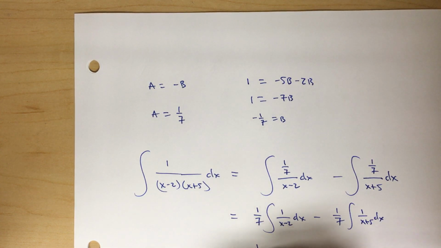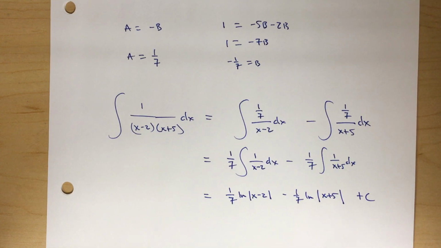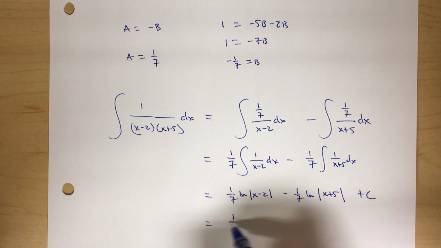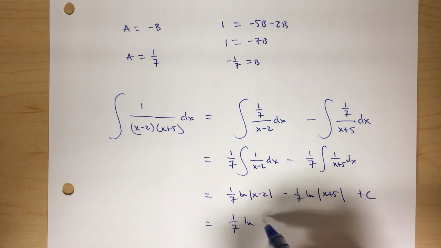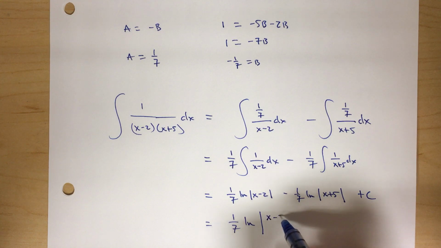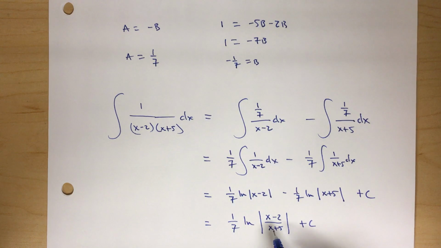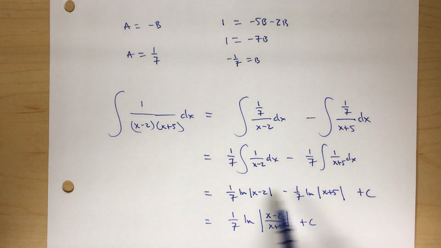And that's simply 1/7 natural log absolute x minus 2 minus 1/7 natural log absolute x plus 5 plus c, because those are the antiderivatives. And if I really wanted to, I could say that is 1/7 times the natural log of (x minus 2) over (x plus 5). That's using the quotient property of logarithms. Subtract 2, you can make it into a quotient.